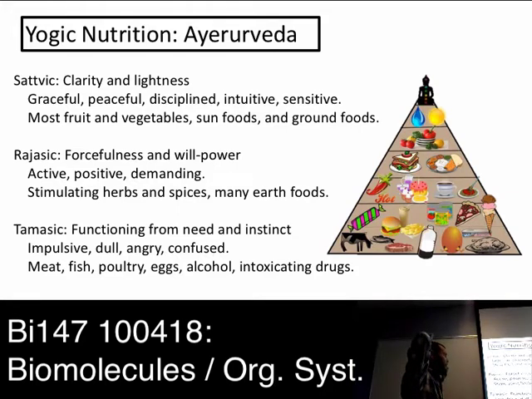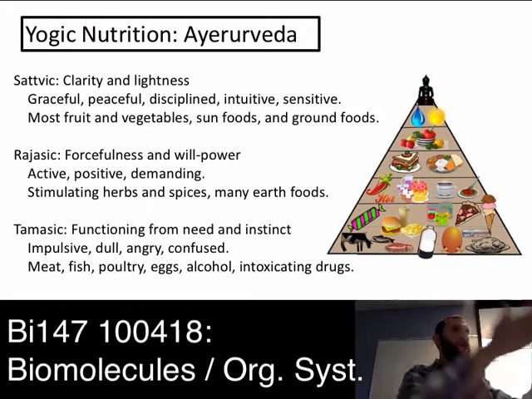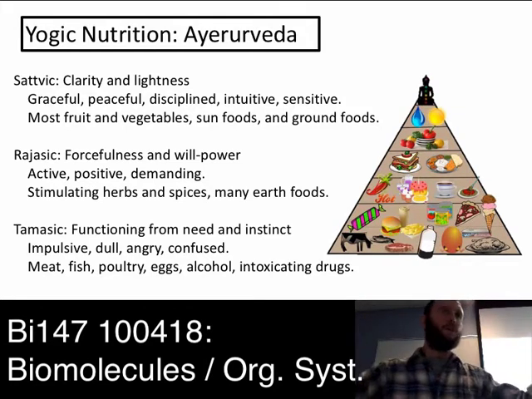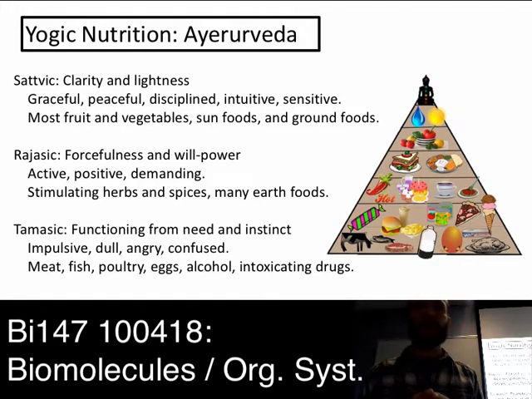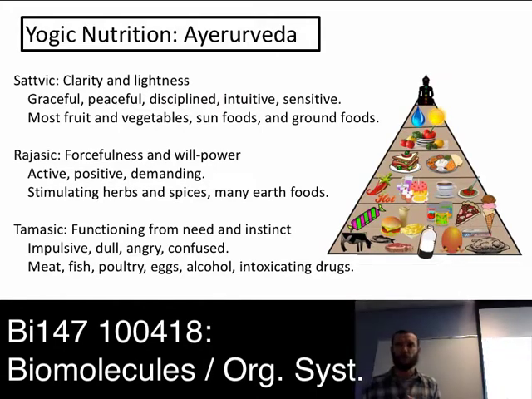They think about it a little bit differently than we do. We separate our nutrition into the molecular categories: protein, fat, and carbohydrate. They think about it a little bit differently, but there are overlaps.